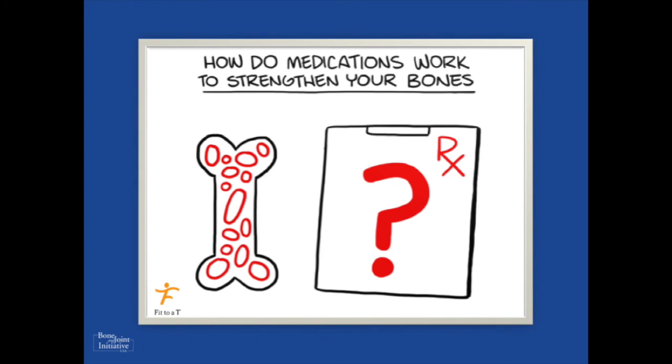Medications are indicated for patients who have been diagnosed with osteoporosis, who have had a history of a hip or spine fracture, or who have a T-score which places them in the osteopenic range, together with a FRAX score of greater than 20% chance of major fracture or a greater than 3% chance of hip fracture over the next 10 years. There are two different classes of medications for osteoporosis.